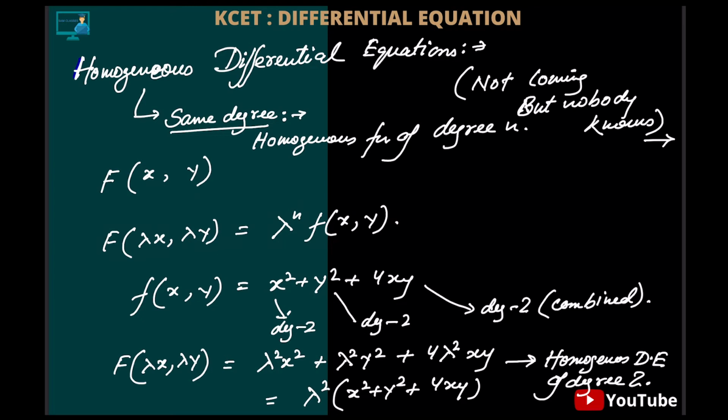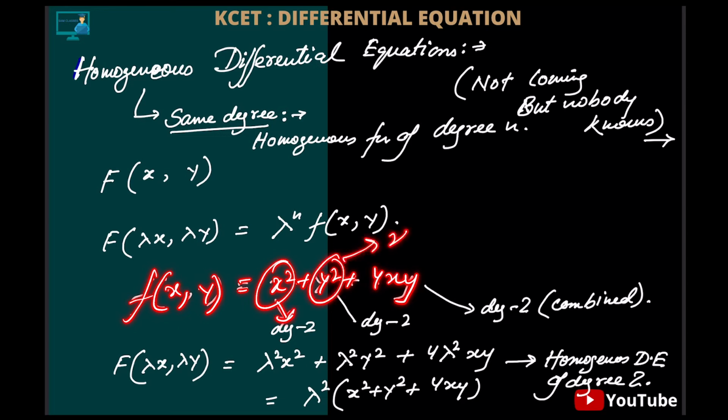Now you'll say, sir, we didn't get anything, it went beyond our head. Let's see with an example. Take the function f of x comma y is equal to x square plus y square plus 4xy. Now, what is the degree of x square? 2. Degree of y square, again 2. And what is the degree of the combined term, x to degree 1 and y to degree 1?